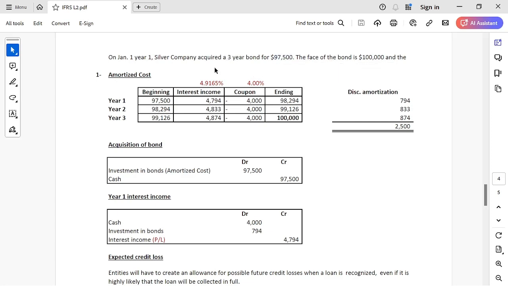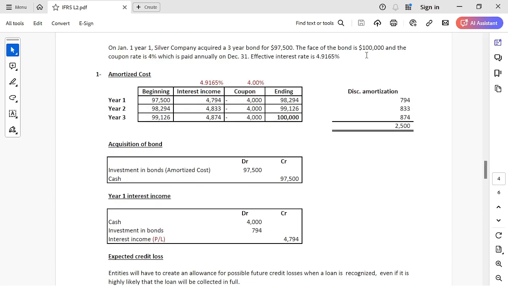So what this shows us initially is that there was a discount of 2,500. So again, the company has an investment in a $100,000 bond, face value 100,000, just paid 97,500. So it appears that there is a discount of 2,500.